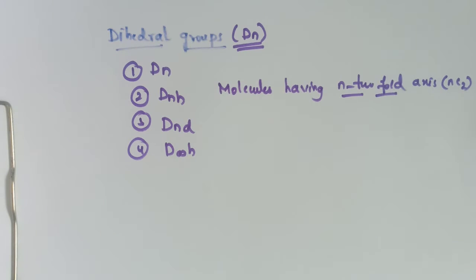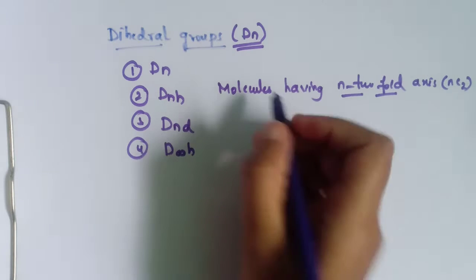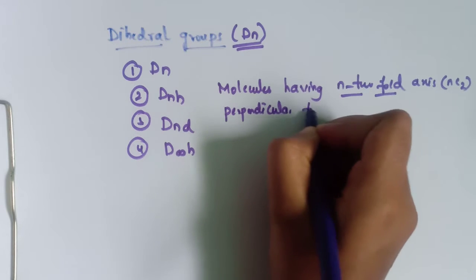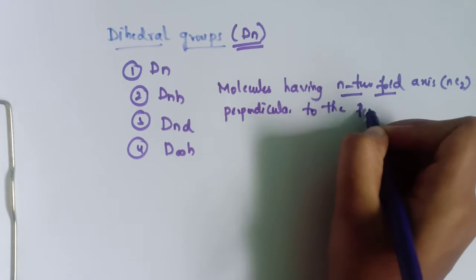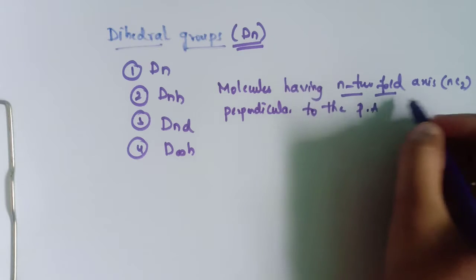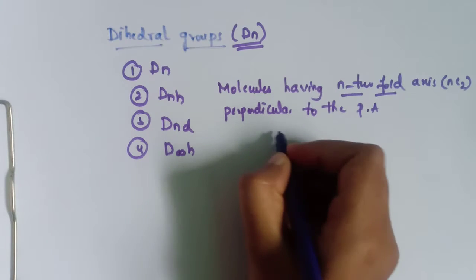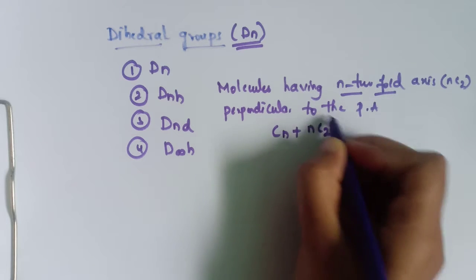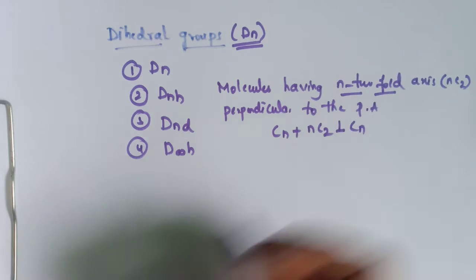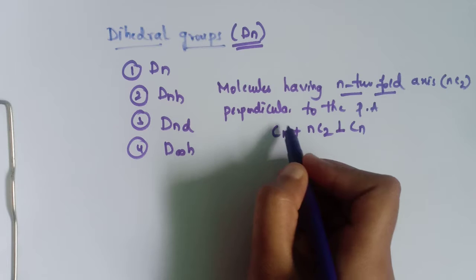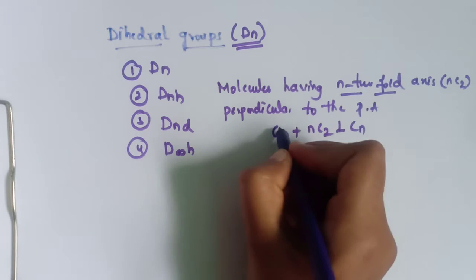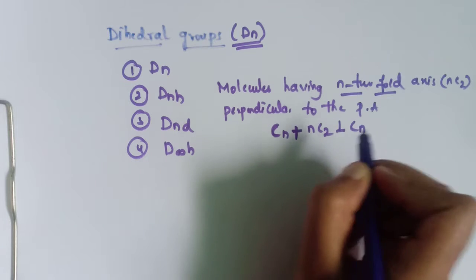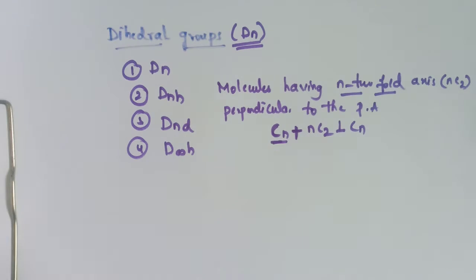These are the secondary axes perpendicular to the principal axis that belong to these dihedral groups, that is Cn. This nC2 must be perpendicular to the Cn. It is the n-fold rotational axis of symmetry and the presence of nC2, that is two-fold axes perpendicular to this Cn.